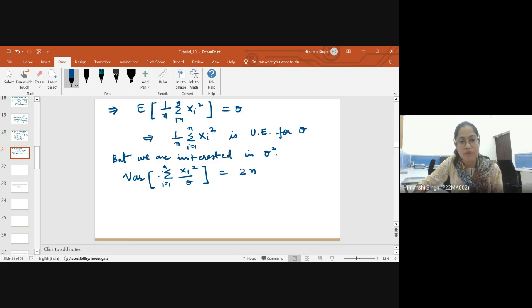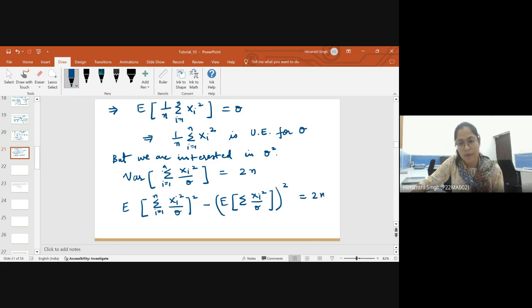So the variance will be the expected value of (summation i going from 1 to n xi square by theta) whole square, minus (expected value of summation xi square by theta) whole square, equal to 2n.